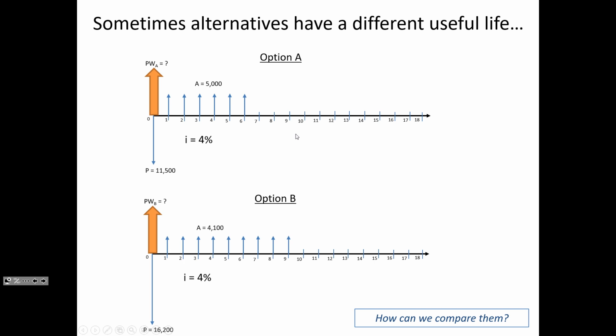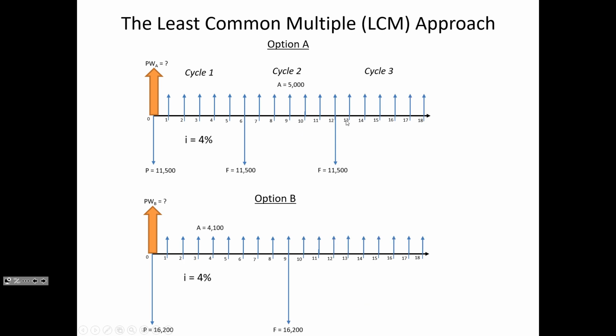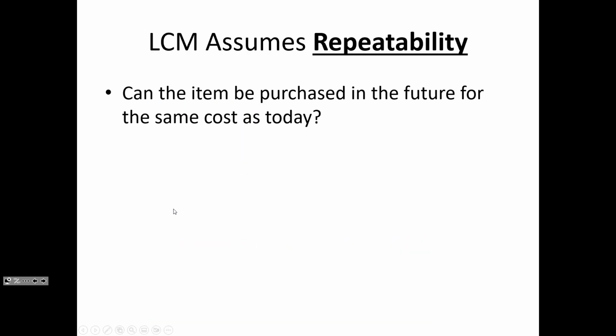Okay, so we repeat the cycle 3 times for option A, twice for option B, and now we could find a single lump sum present worth and compare option A to option B. And that's what we're going to do for our first in-class exercise.